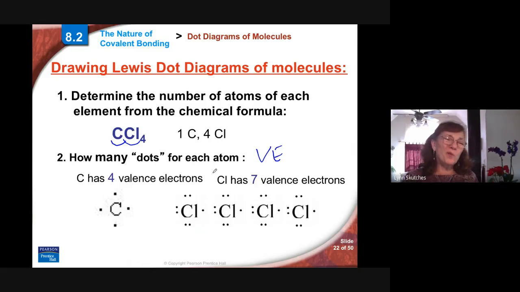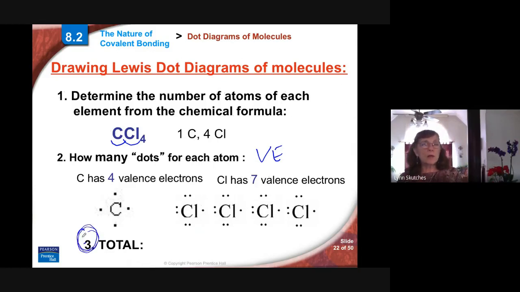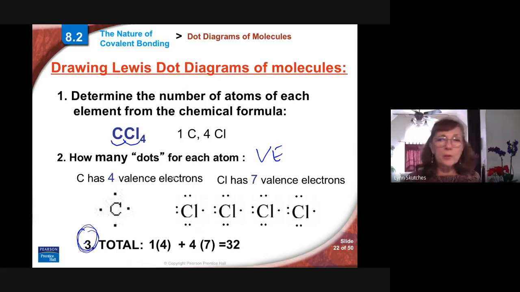You don't have to draw all of them for the homework tonight. Next, and this is just to help you evaluate if you've got the right answer at the end, total them up. So 1 times 4 is 4, 4 times 7 is 28, and 4 and 28 makes 32. When we're all done, I should have 32 dots.